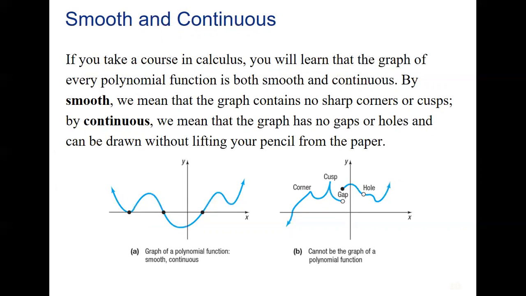However, at any point, does my graph separate? Unlike if you look at graph B, these are all the different types of discontinuities that take place. You could have a sharp corner, a cusp, a gap, a hole, but none of this will take place ever when you graph a polynomial. It will always be smooth and continuous.